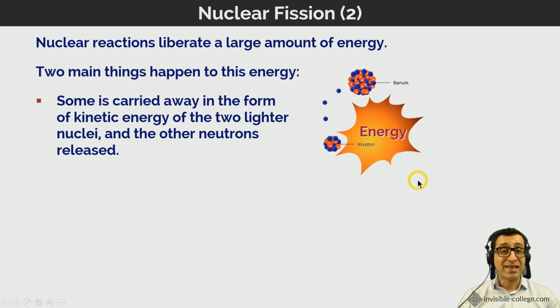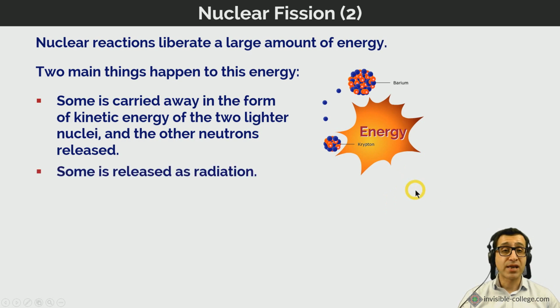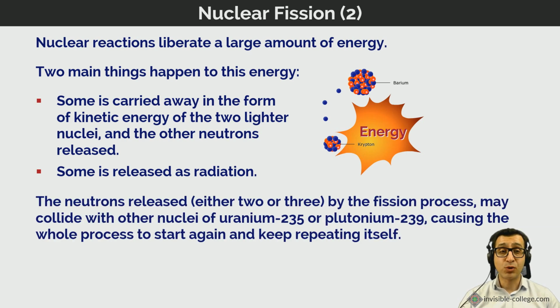Some of the energy is released in the form of electromagnetic radiation, such as light energy, heat energy, and so on. The neutrons which are released, either 2 or 3 neutrons released by the splitting of one nucleus, can then collide with other nuclei of uranium-235 or plutonium-239, whichever unstable nucleus you started with, and this causes the whole process to start again, and this can then cause that process to repeat itself in what we call a chain reaction.